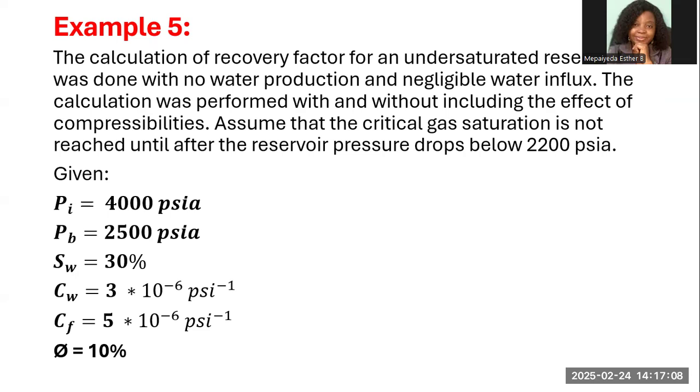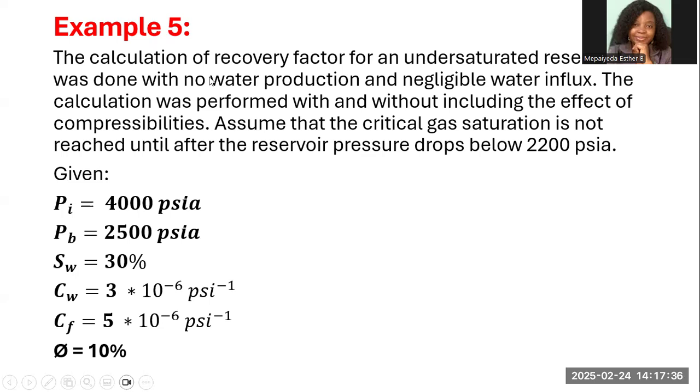our reservoir drive, okay? Assuming that the critical gas saturation is not reached until after the reservoir pressure drops below 2200. You understand what this means now? Once the critical gas saturation is reached below the bubble point pressure, gas flows to the surface. But gas wouldn't flow to the surface until your critical gas saturation is exceeded.